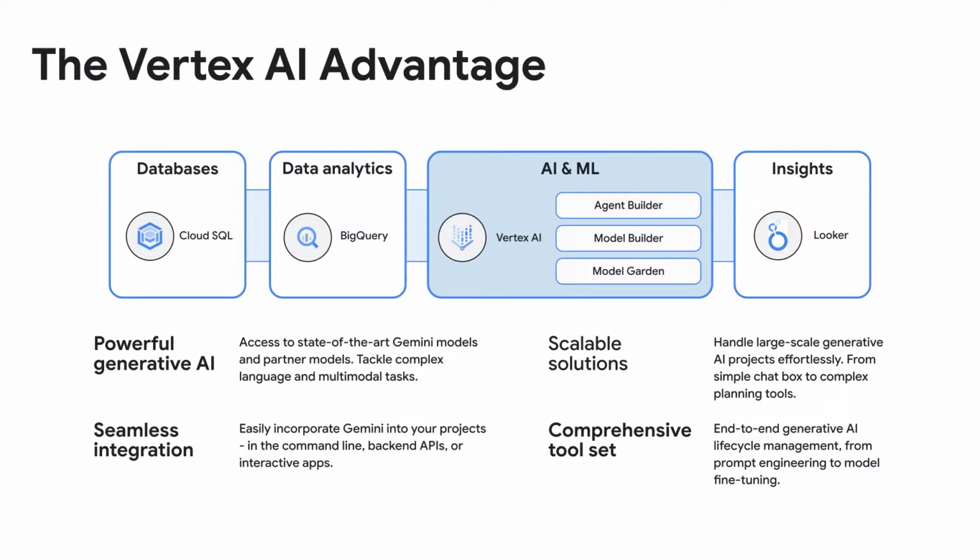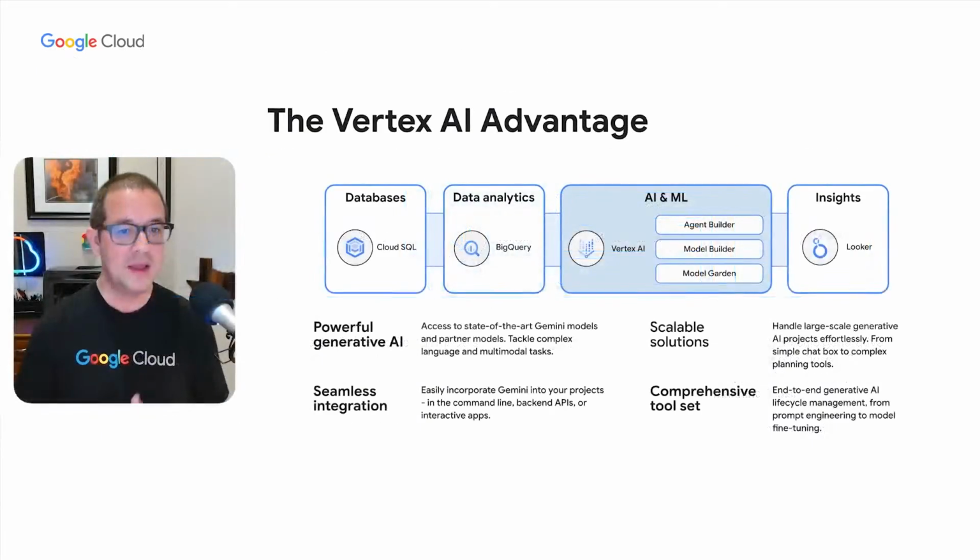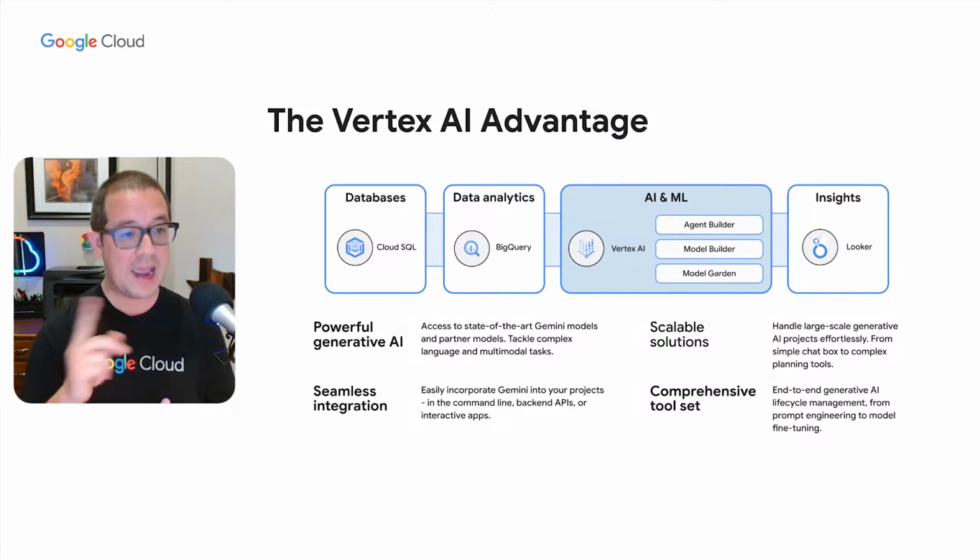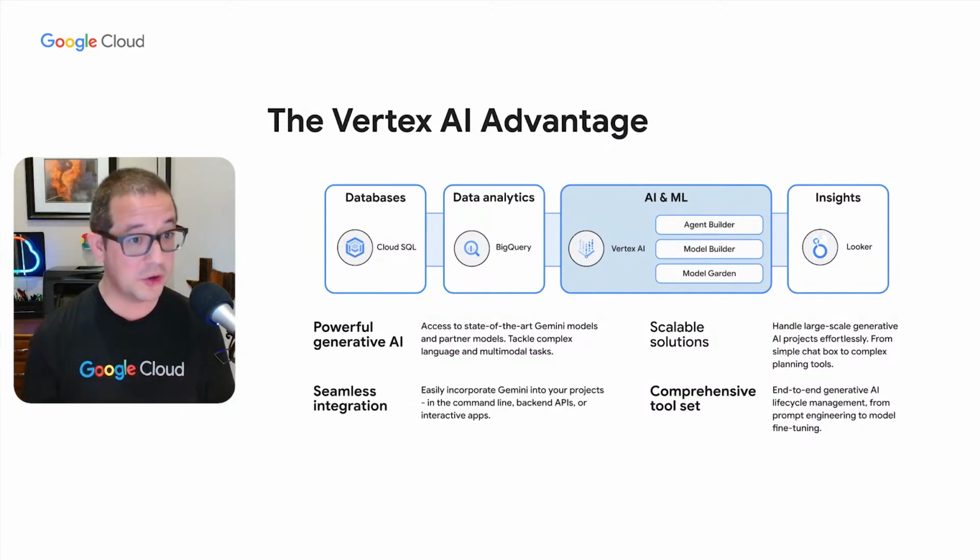We can use things like Agent Builder, Model Garden, which are all just agent frameworks or large language model endpoints like the Gemini API. And then we can start to use those tools to dig into and explore our databases, our analytics in BigQuery, and we can pipe that to something like Looker and make some really nice operational dashboards.